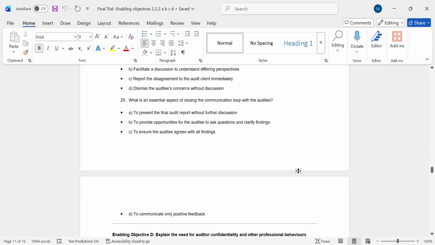25. What is an essential aspect of closing the communication loop with the auditee? A, to present the final audit report without further discussion. B, to provide opportunities for the auditee to ask questions and clarify findings. C, to ensure the auditee agrees with all findings. D, to communicate only positive feedback.